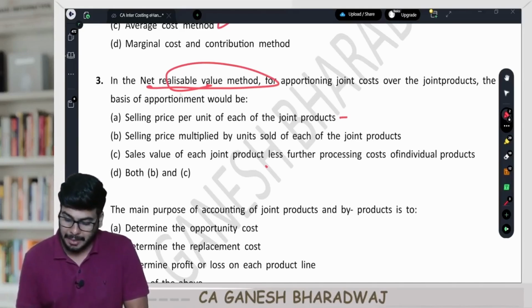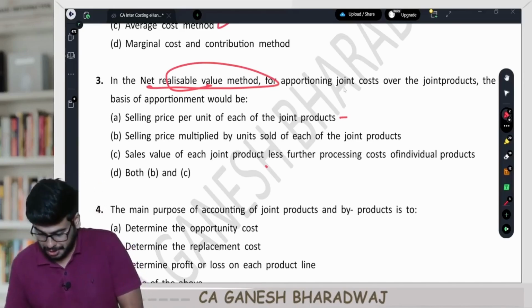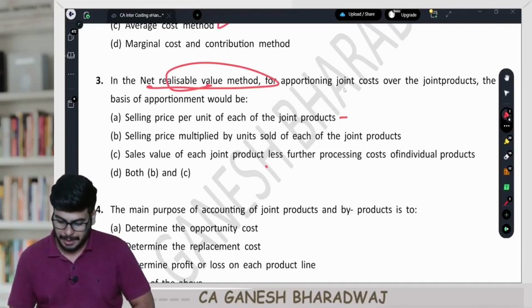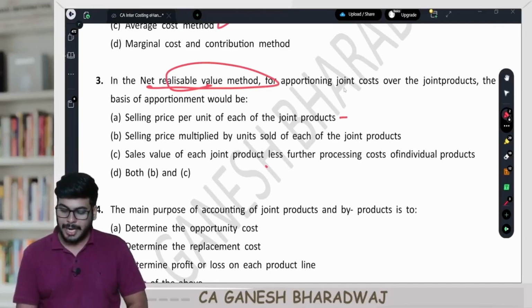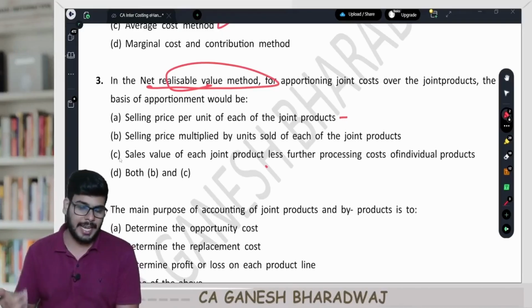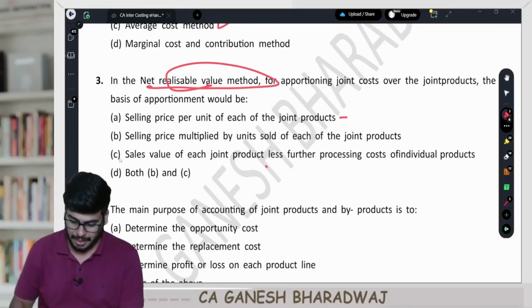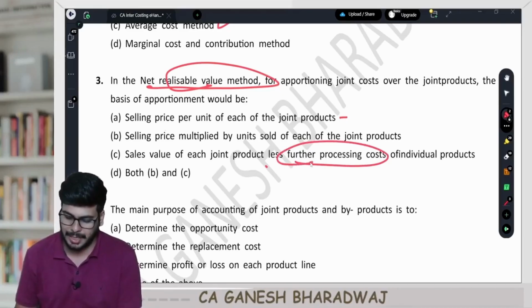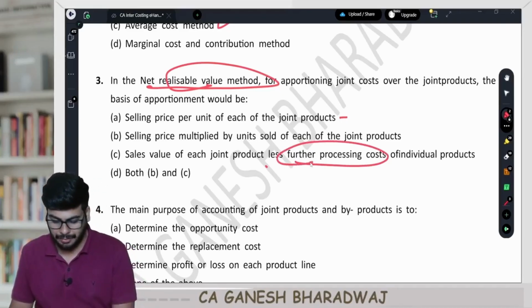In the NRV method, for apportioning the joint cost over the joint products, how will you do the basis of apportionment? Here ideally the NRV method will be the final sale value less the further processing cost. Correct, guys? Are you clear with this?